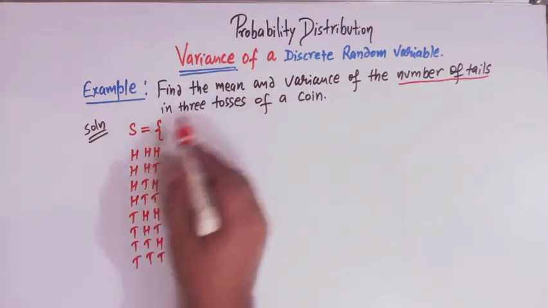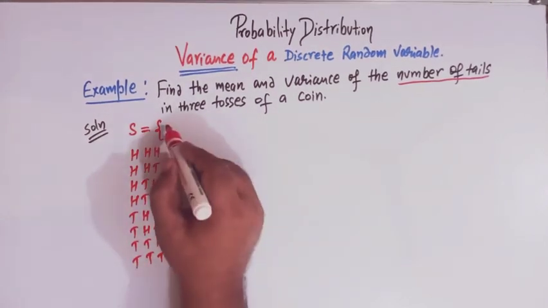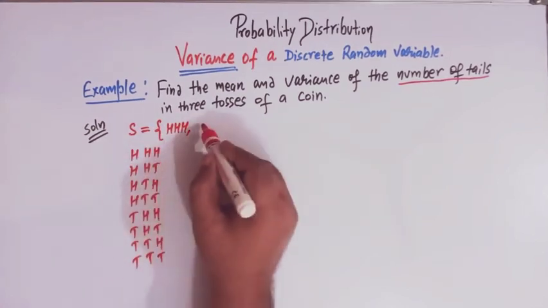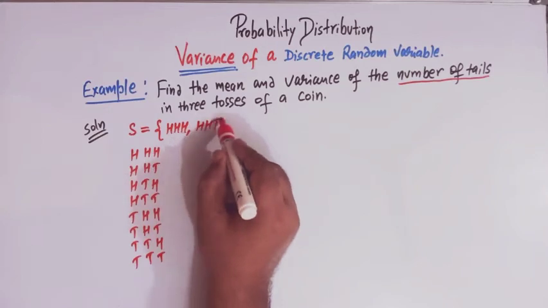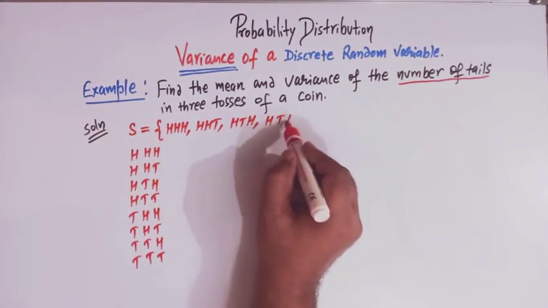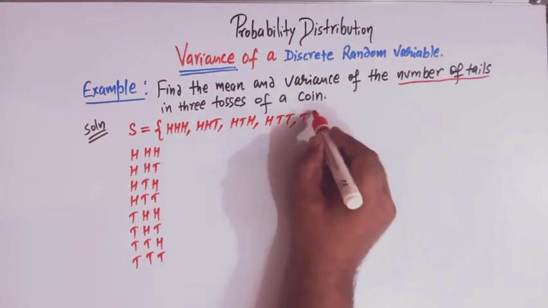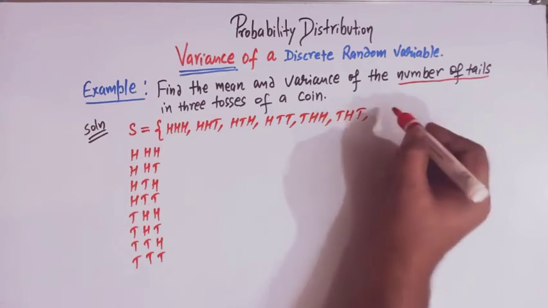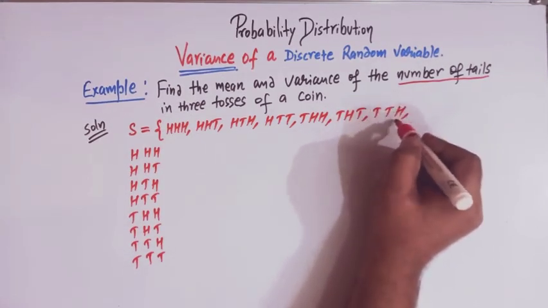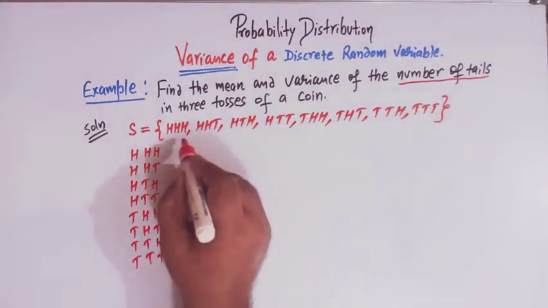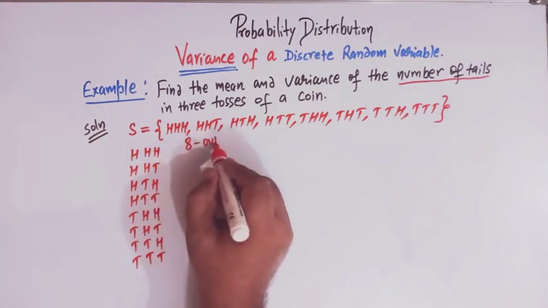So the sample space contains the events HHH, similarly HHT, HTH, then we have HTT, then we have THH and THT, then we have TTH and TTT, right? So there are 8 outcomes, right?